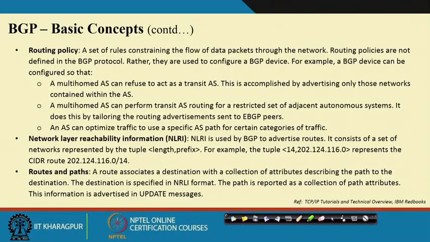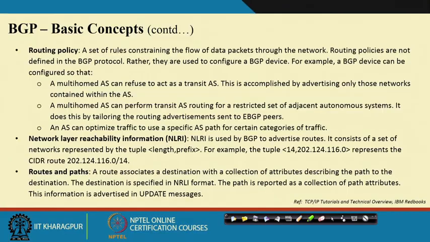There is a concept of network layer reachability information, also known as NLRI. NLRI is used by BGP to advertise routes, right. It says what the network layer information is. It consists of a set of networks represented by a tuple, that is, length and prefix.